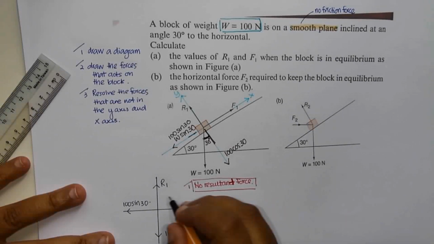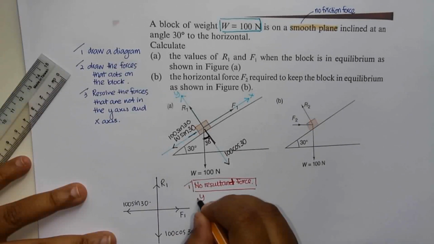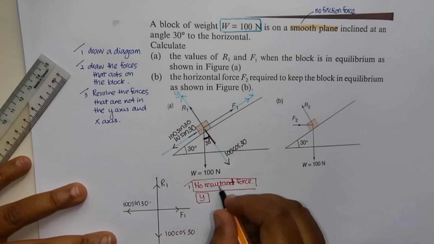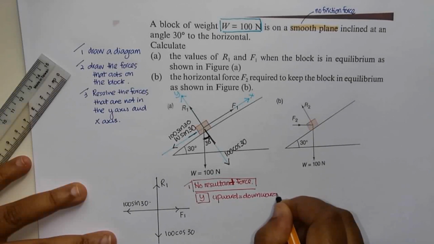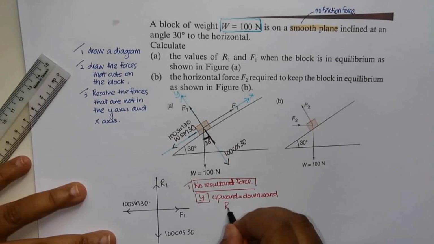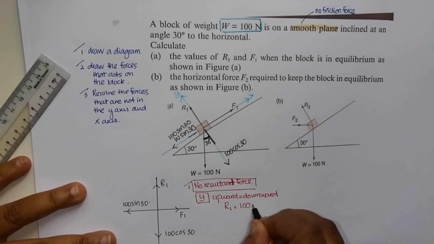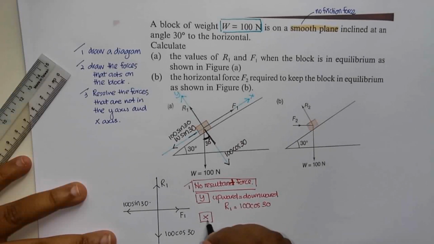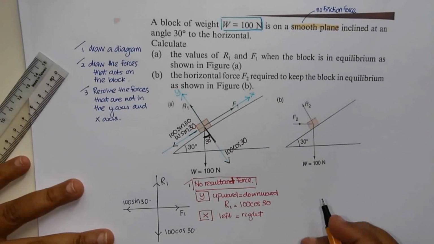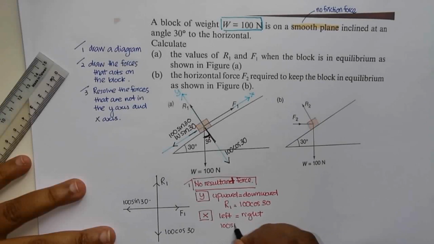So if we look at the y-axis, upward force is equal to downward force. Upward force R1 is equal to downward force 100 cos 30. If we look at the x-axis, left force is equal to right force, so 100 sine 30 is equal to F1.